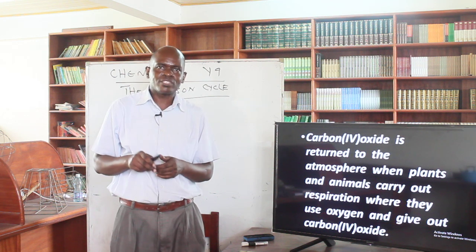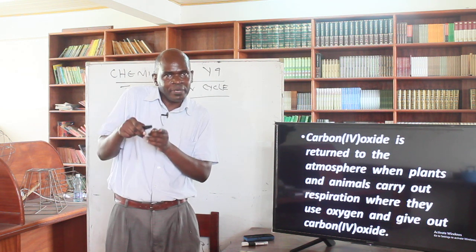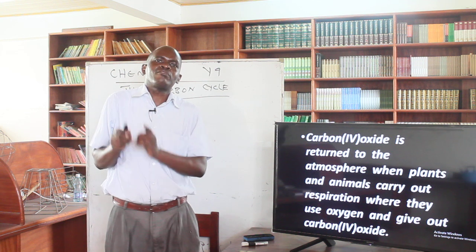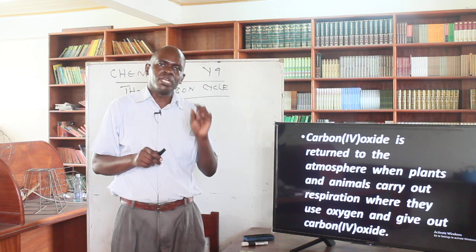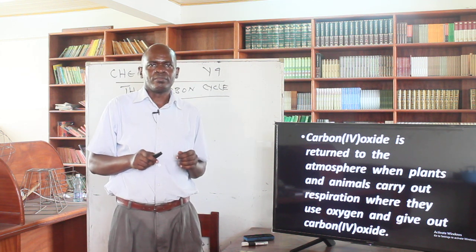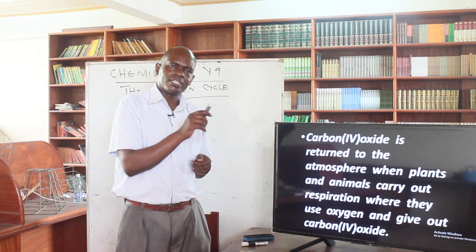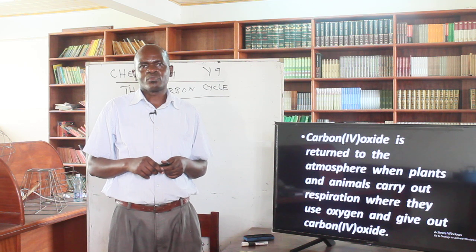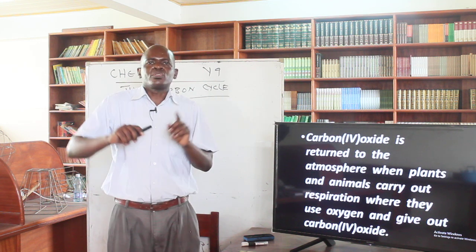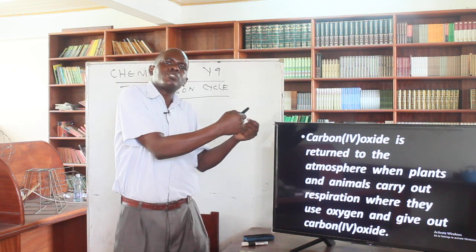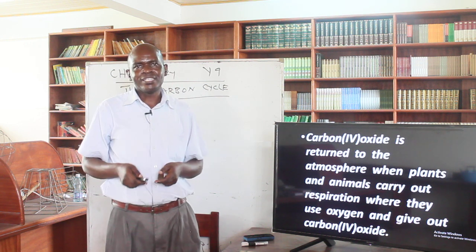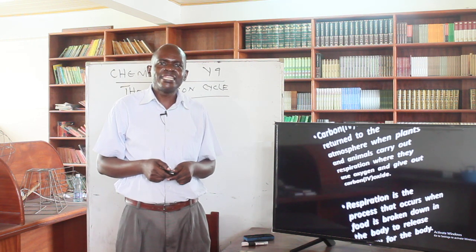Remember that the plants also require energy, so they have to break down part of the food they have manufactured to release the energy. Then this carbon dioxide goes back to the atmosphere, where we still have the same plants. So they're releasing carbon dioxide, then absorbing it back again. That is what it means by the cycle.